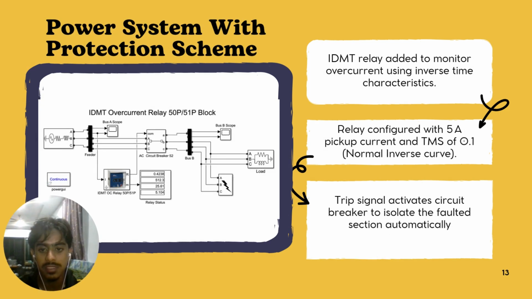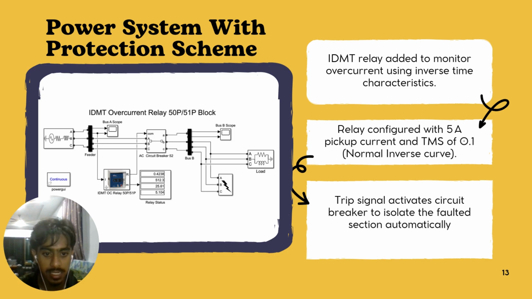Now we're going to simulate the power distribution system with protection scheme. As we can see there, we introduced the IDMT OC relay and also an AC circuit breaker. The IDMT OC relay is configured at 5 ampere pickup current and a time multiplier setting of 0.1, configured as a normal inverse curve.